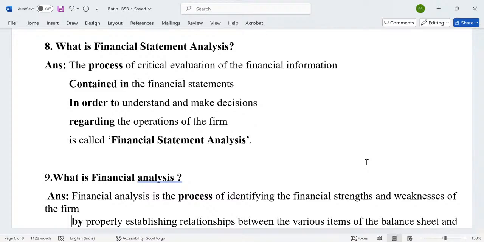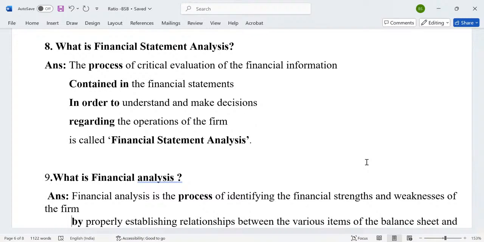of the financial information contained in the financial statement. See, financial information will be available in the financial statements. One is in the statement of profit and loss, another may be in the balance sheet. For what purpose? In order to understand and make decisions regarding the operation of the firm, regarding the running of the firm, regarding the result of the firm.